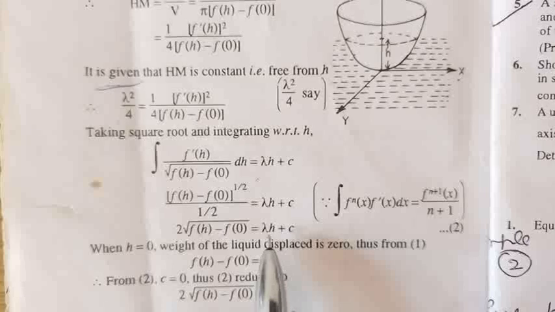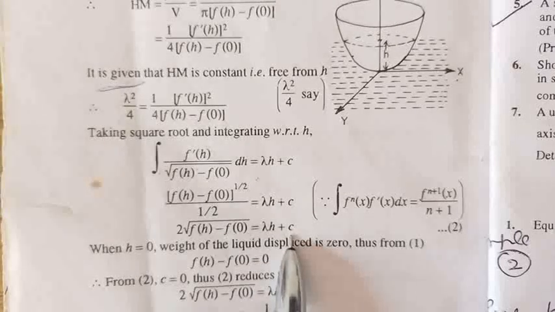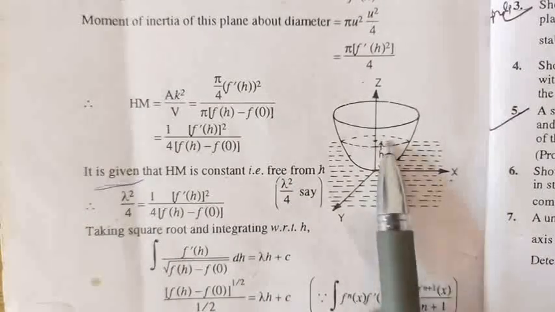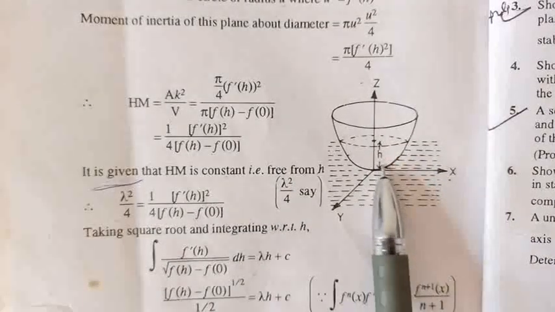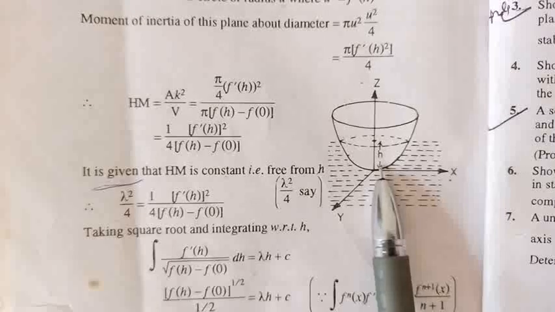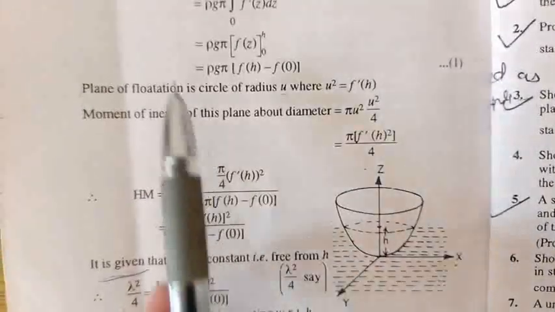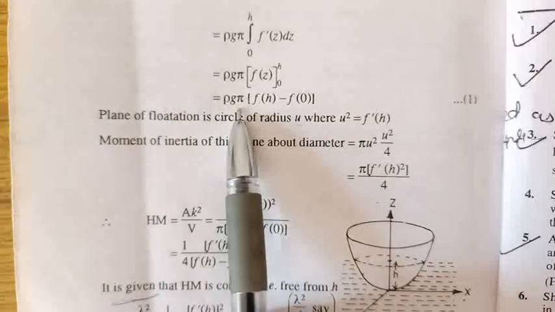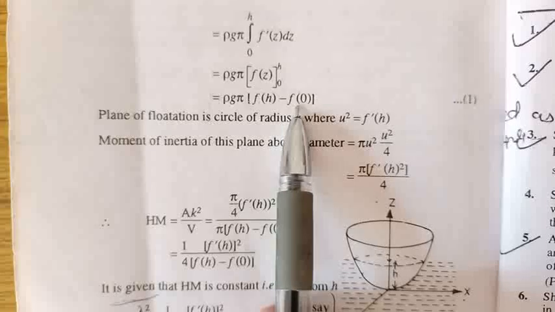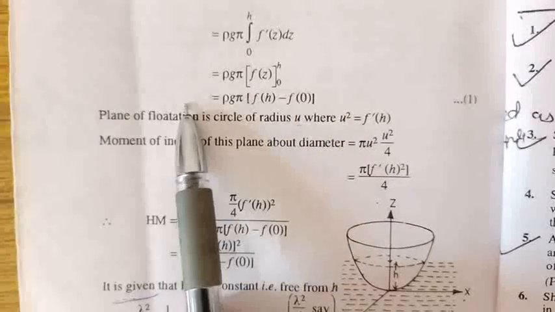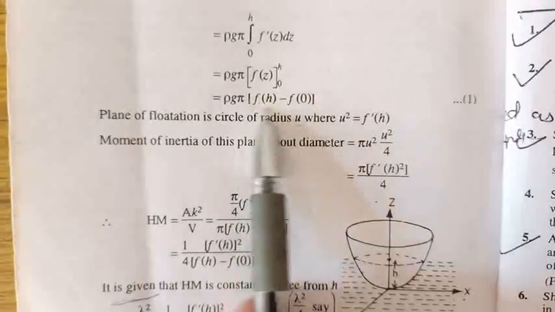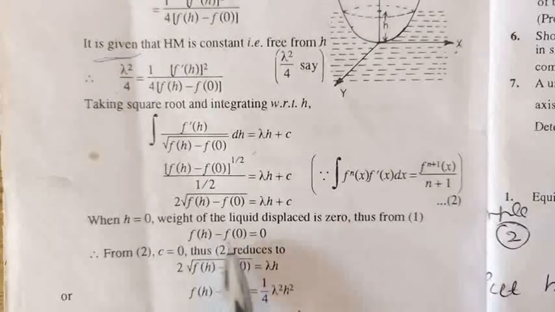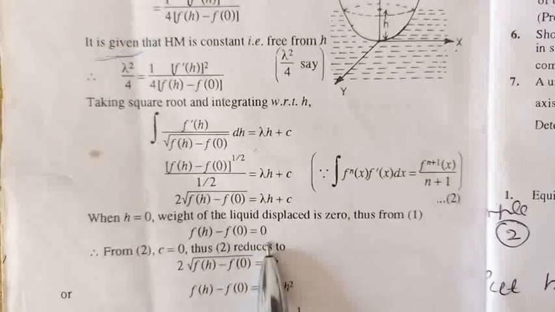Now it remains to find the value of constant c. To find it, we can see from here that if h is 0, the weight of the liquid displaced will be 0. The weight of the liquid displaced is given by rho into g into pi into f of h minus f of 0. If it is 0, this term will be 0. So we get f of h minus f of 0 is equal to 0.